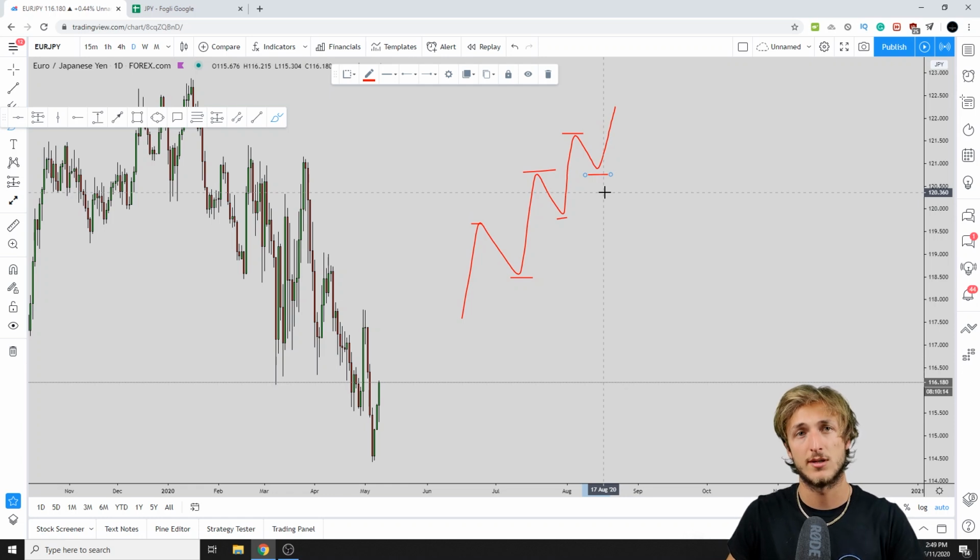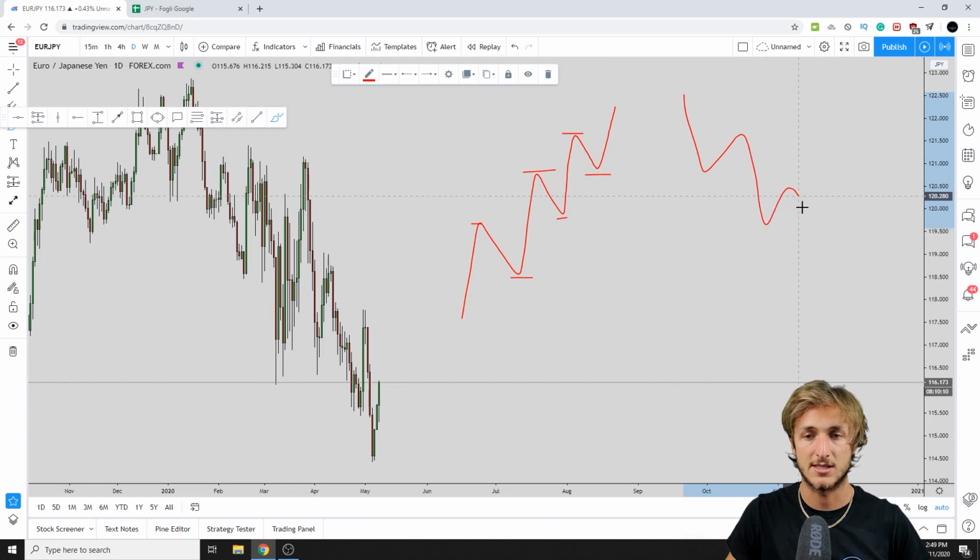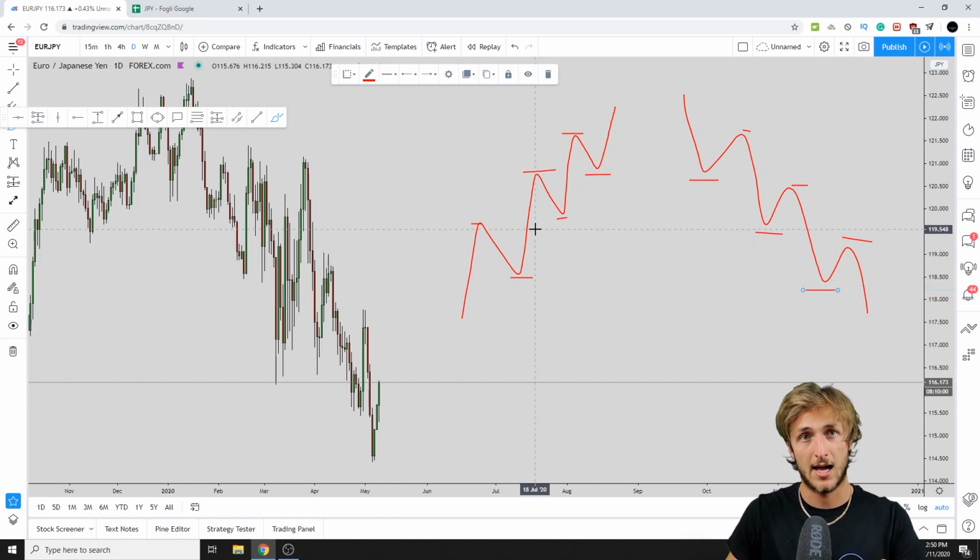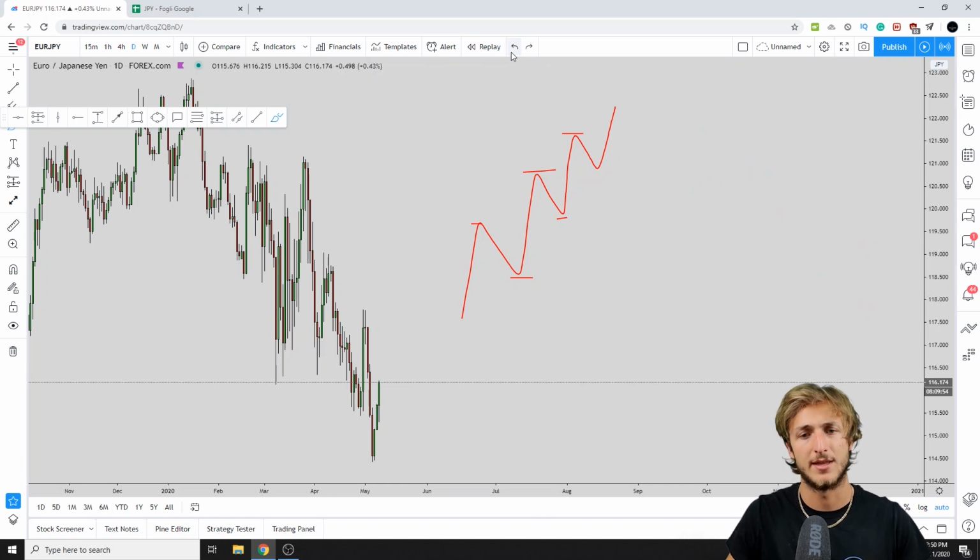So in an uptrend, the market will be creating higher highs, and in a downtrend, the market is creating lower lows and lower highs. Each high will be lower and each low will be lower as well. So uptrend, higher highs and higher lows; downtrend, lower lows and lower highs, just to start from the definition.